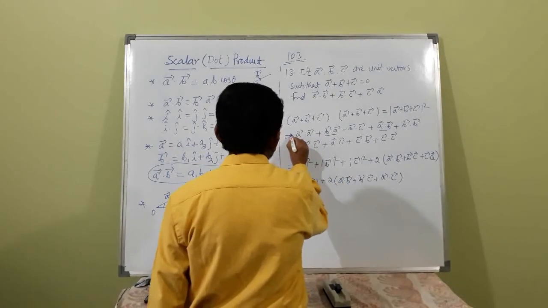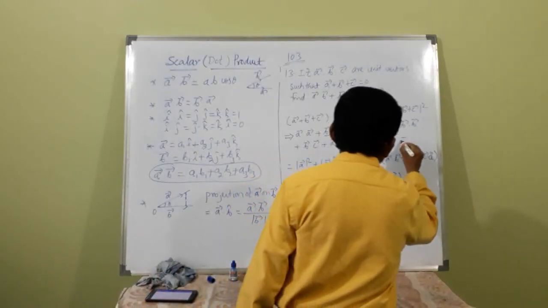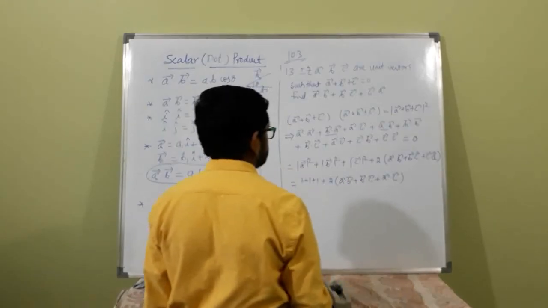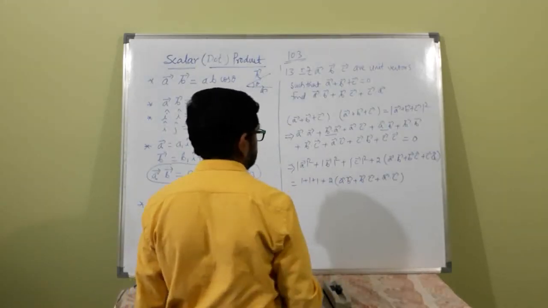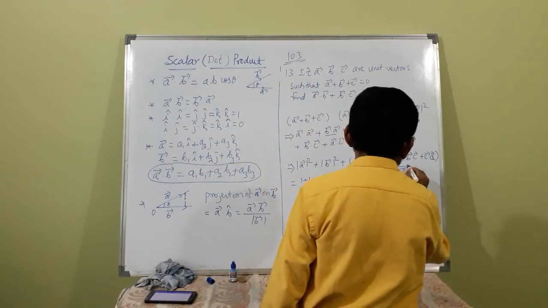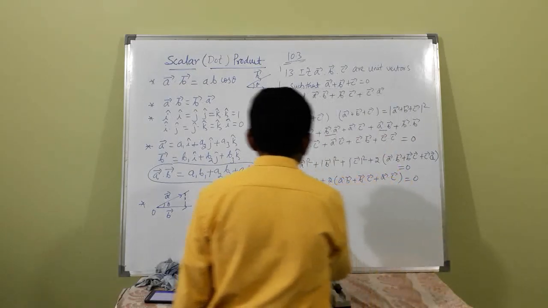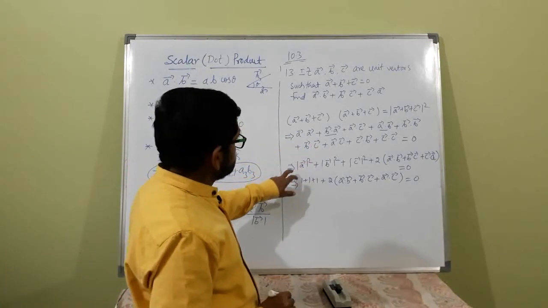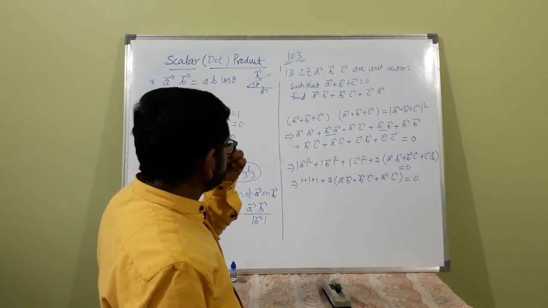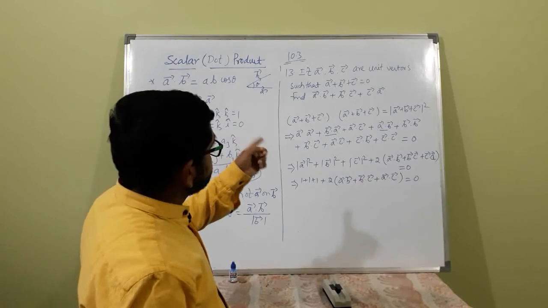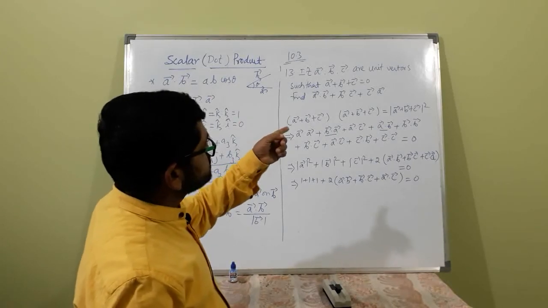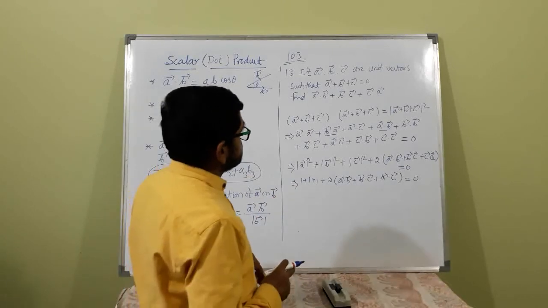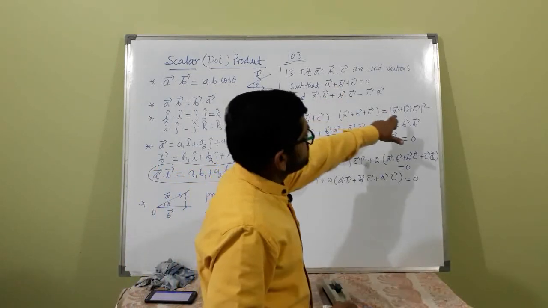This implies, since this is equal to 0, this will be 0. You got it? A dot A is magnitude of A squared, means A plus B plus C dot A plus B plus C is again A plus B plus C whole square. That is 0. Here it is given.